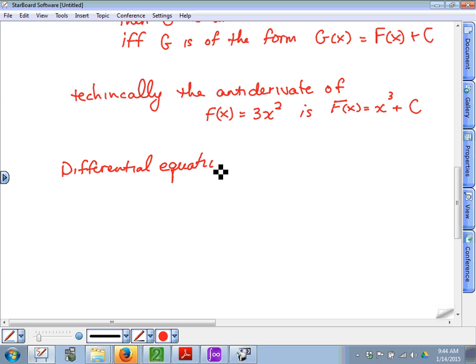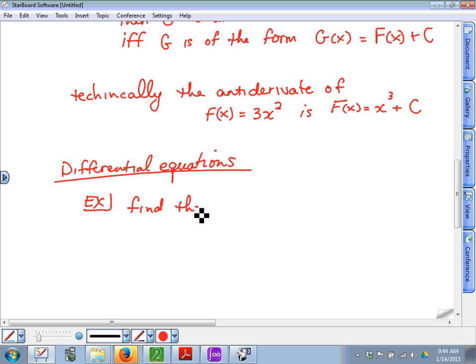Okay, so let's talk about differential equations. We've actually seen these before in section 3.9, where we approximated the change in values using differentials. Remember that? Yeah, with percent error. So here's example 1.